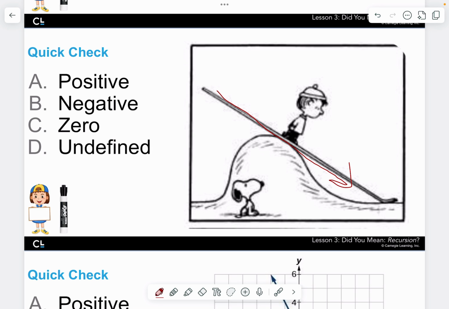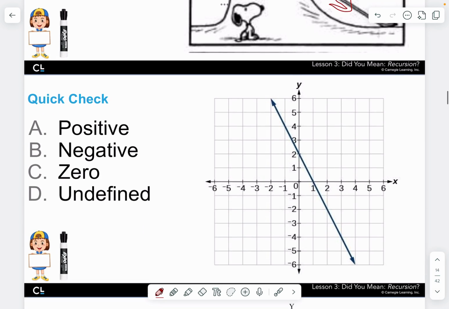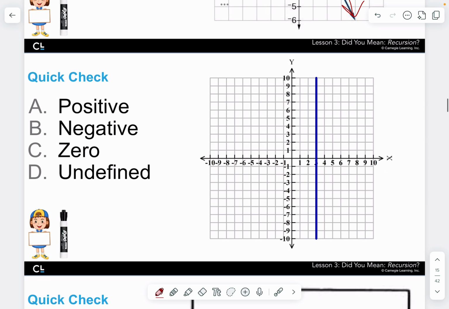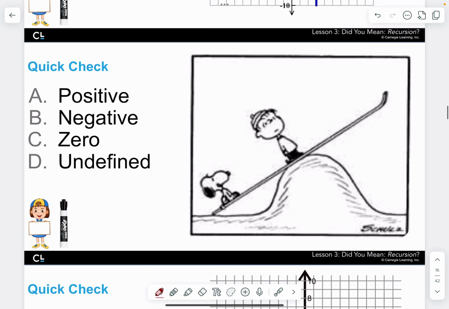It's going down, so negative. Now here, remember we always read the graph from left to right. So we start here and we go down, then it would be negative. This one is going up and down. It doesn't change directions, so we have undefined. Here, it's going up, so positive.